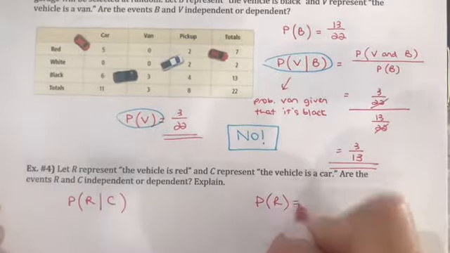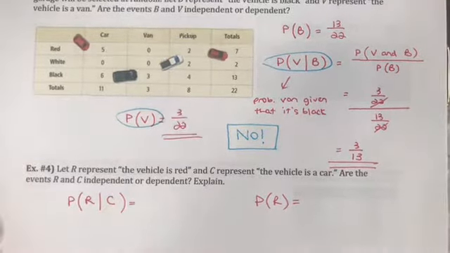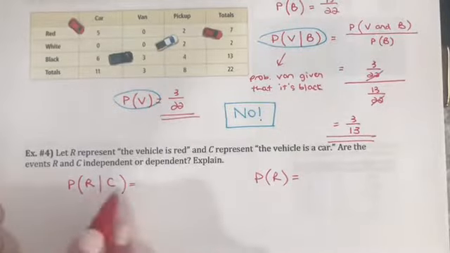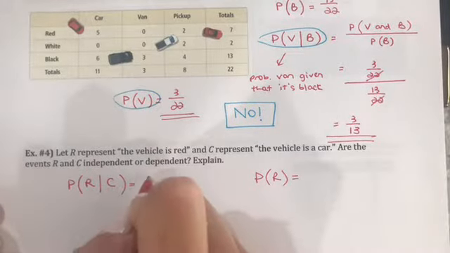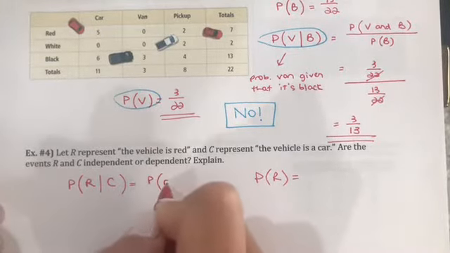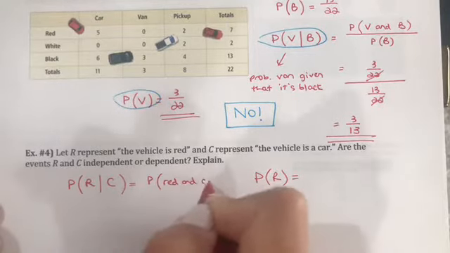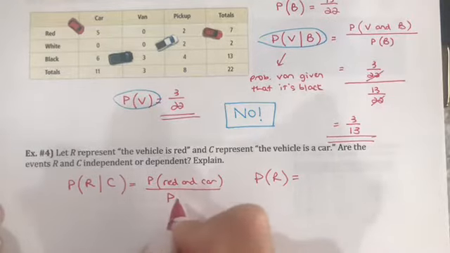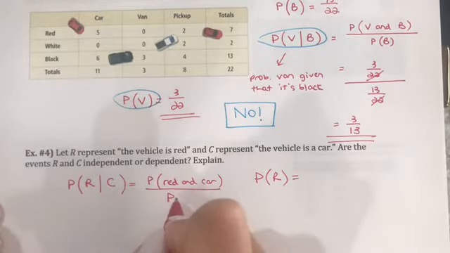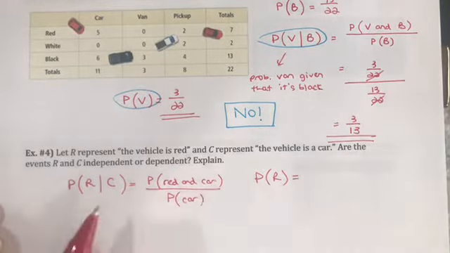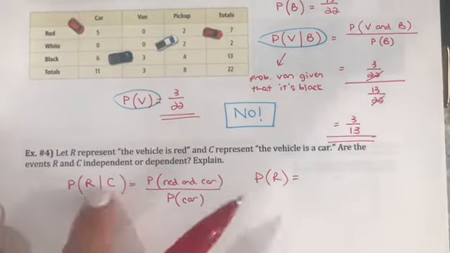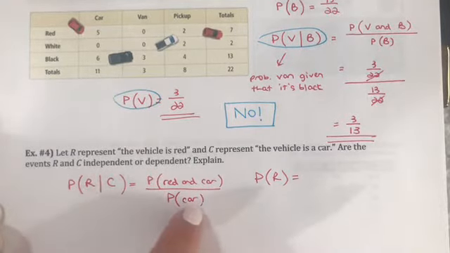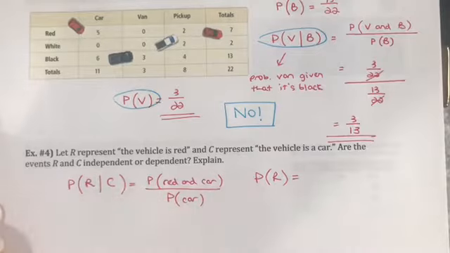So our conditional probability formula means we want the probability of red and car over the probability of the car. Probability of both over the probability of the given, okay?